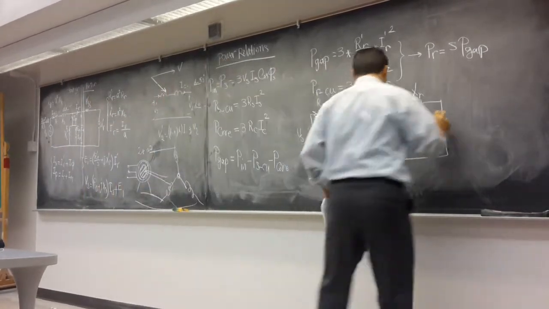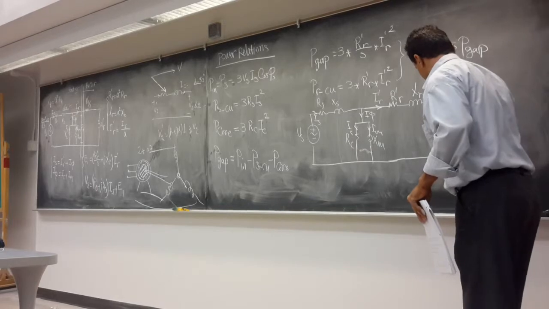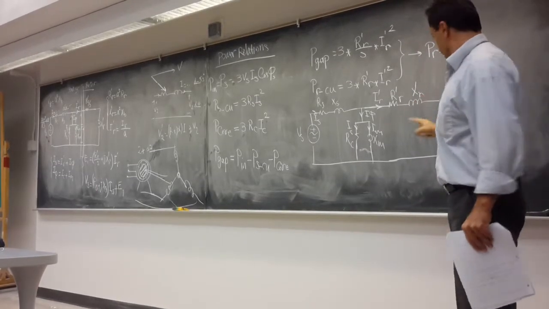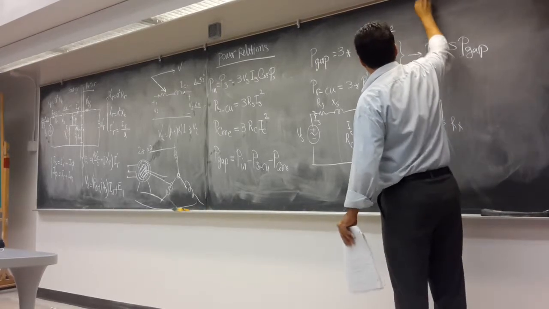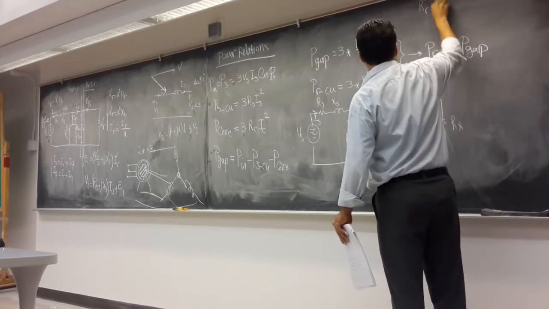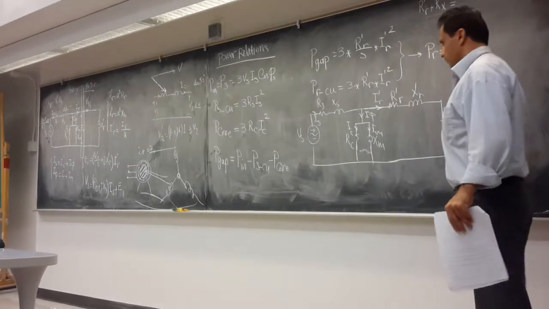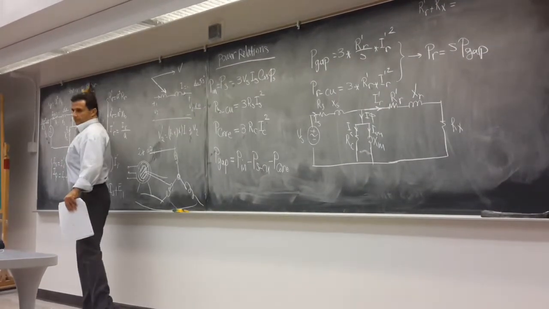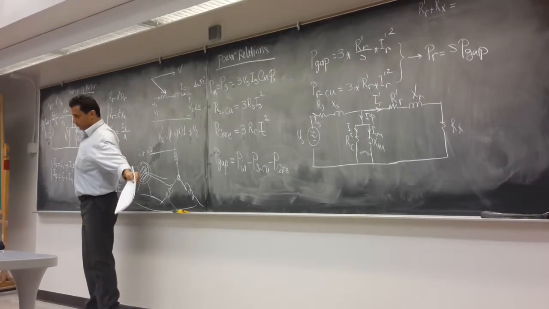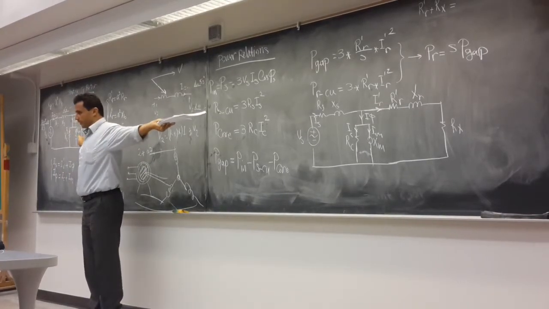For now I'm going to call it RX. Just let's call it RX. This one plus this one, you don't have to write these things. But R prime R plus RX, these two add together, should be this much, right? And this way, this circuit is going to be equal to that circuit, right?